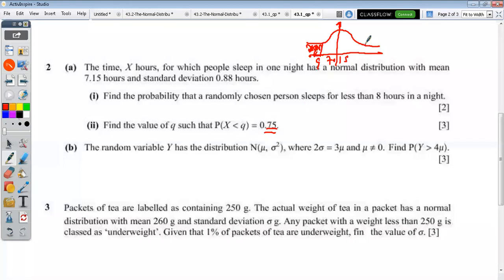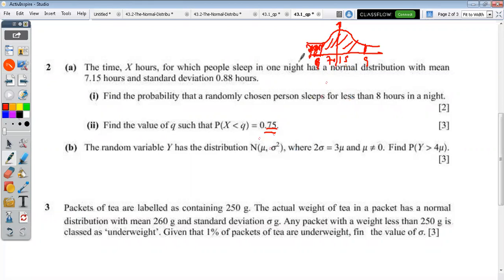X being less than Q, huh? So it's the other way. So Q is here, above, because if it's X being less than that, it's all this region here. Hope it makes sense. 75% of the graph. Clear now? So our Q is a positive Q there.